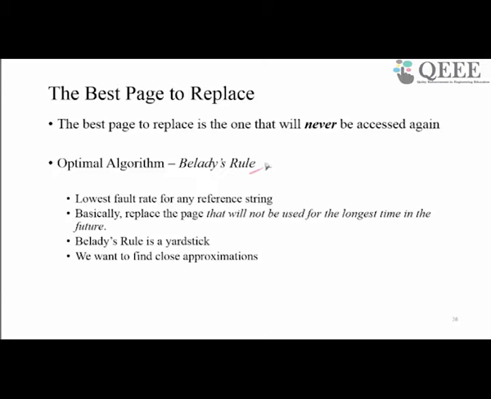It looks at the future page references and tries to retain those pages which would be required in the future. Naturally this is not practical, because you will not be able to know what the future references are. It is just used as a hard yardstick or benchmark to check other replacement policies.